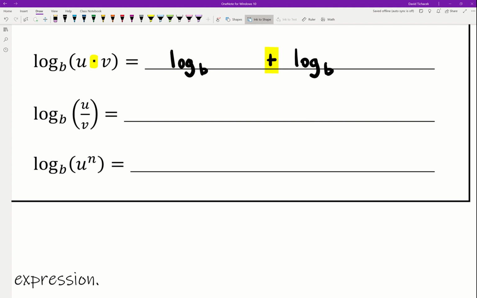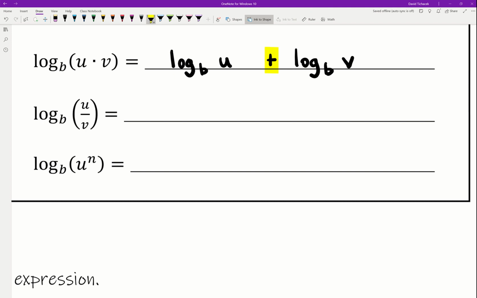And what are we taking the log base b of? We're simply referring back to what we were multiplying in the first place. So that'll be log base b of u plus log base b of v. When I refer to this rule later on, you're going to hear me say a lot, if it's a times on the inside, it's going to be a plus on the outside between two logs.